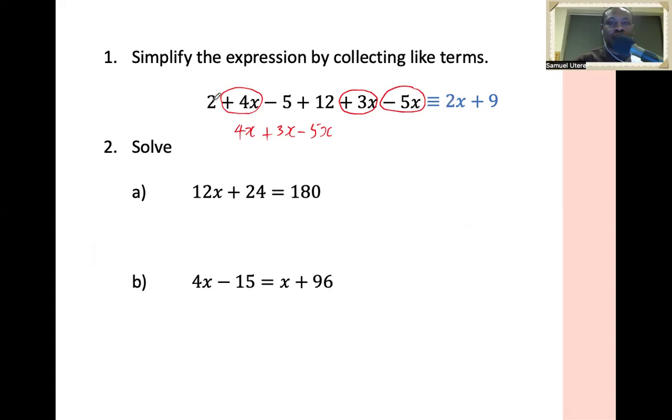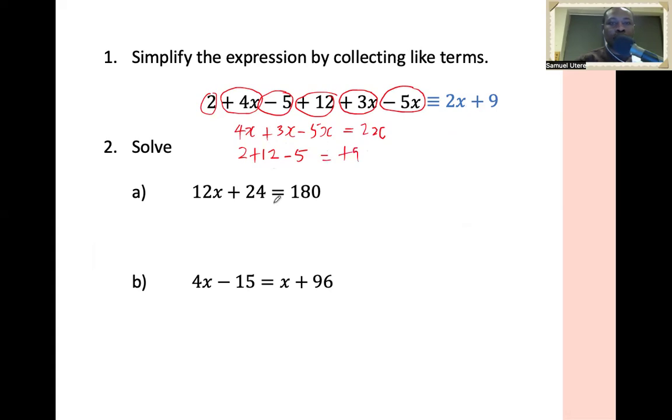And then collecting the numbers, you have the 2, you have the negative 5, and you have the 12. So if you rewrite this, you will have 2 add 12 subtract 5. Or you can write 2 subtract 5 add 12. You get the same result. So your answer will be 9. So your answer is 2x, add 9.